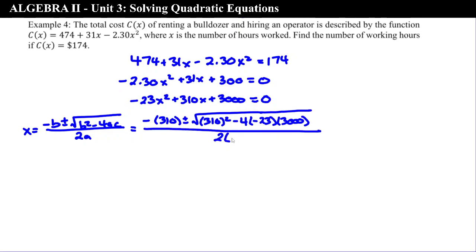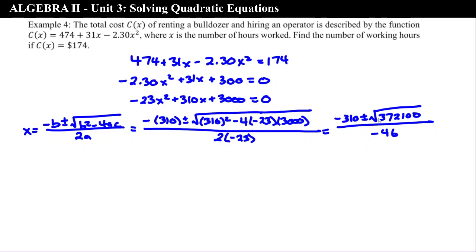A is negative 23. So you do some of that math. You end up with negative 310 plus or minus the square root of 372,100 over negative 46.